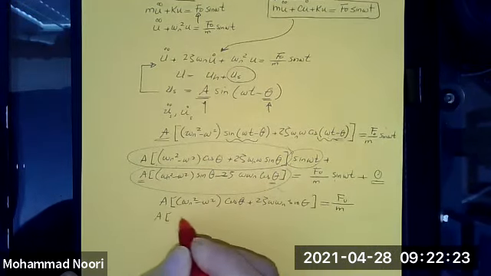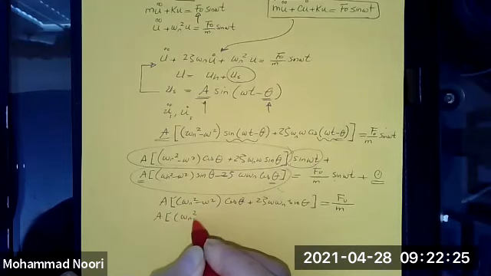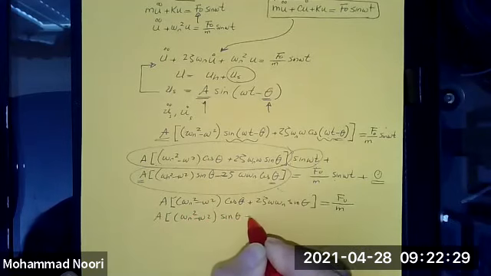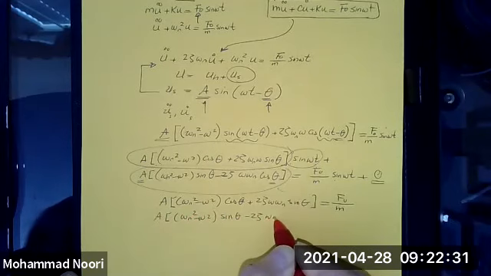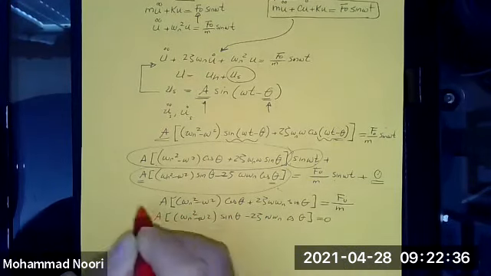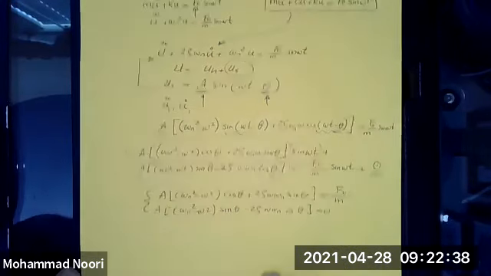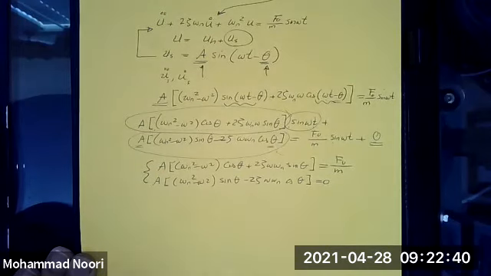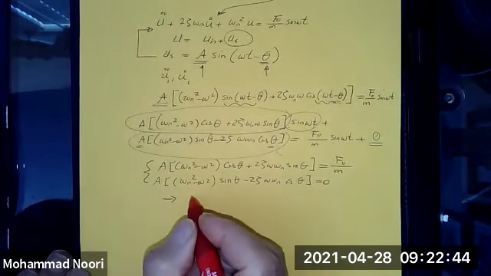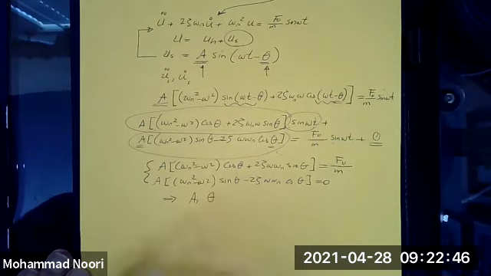So this would be then equal to 0: omega n squared minus omega squared sine theta minus 2 zeta omega n omega cosine theta is equal to 0. So you have two equations and two unknowns that you can solve for A and theta.